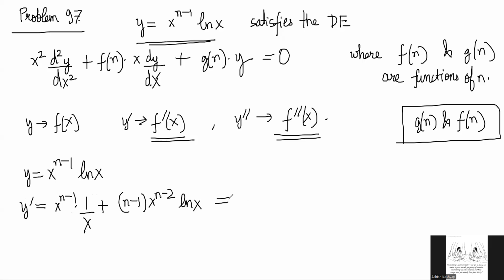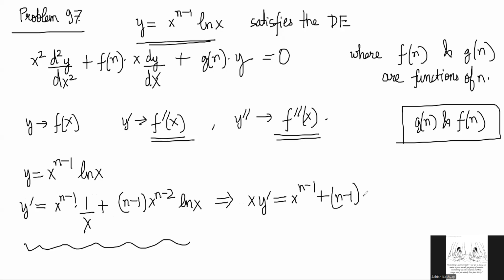So I'm getting y dash is equal to this expression. So if you multiply both sides of this equation by x, I get xy dash is equal to x power n minus 1 plus n minus 1 into x power n minus 1 ln x, right?